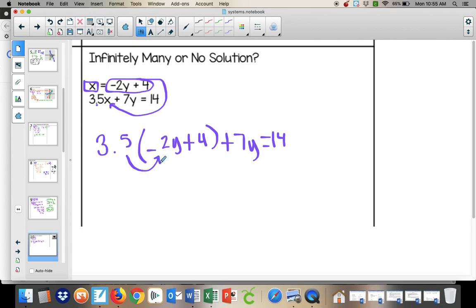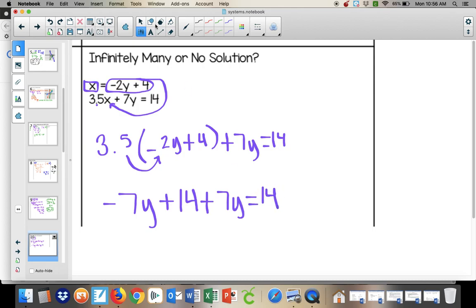All right, I'm going to multiply out 3.5 times negative 2. Well, positive times the negative is a negative, and 3.5 doubled is 7. So negative 7y. And then I have 3.5 times 4. So 3 times 4 is 12. Half of 4 is 2, so 14. And then plus 7y equals 14.